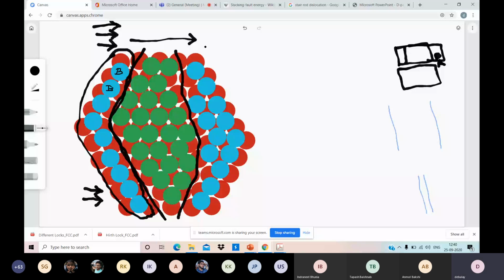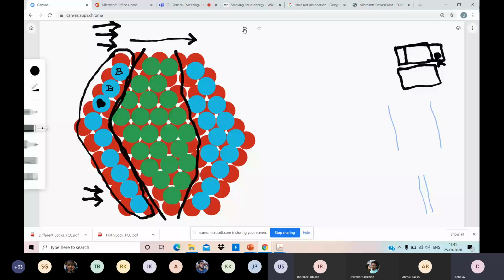Things are happening in stages. Before that line, it was a perfect dislocation. It split into the partials. Then again, in this position, I would say perfect slip has occurred.